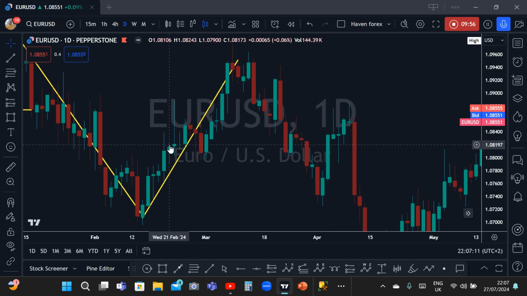Maybe somebody just took profits, somebody just exited at that point. So there was a little reaction in the market. That is how it is. For it to be confirmed that there's a little retracement there, you must see two opposite candles, like this. That is how it is, guys.